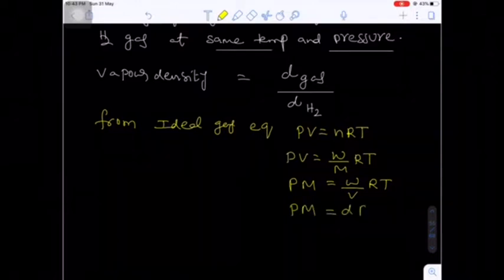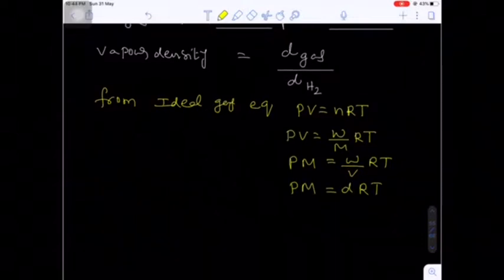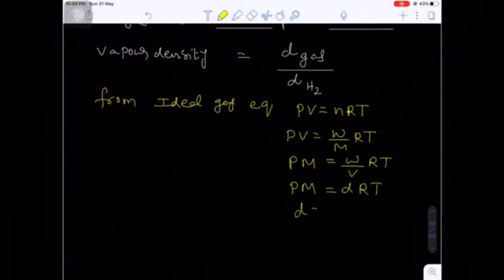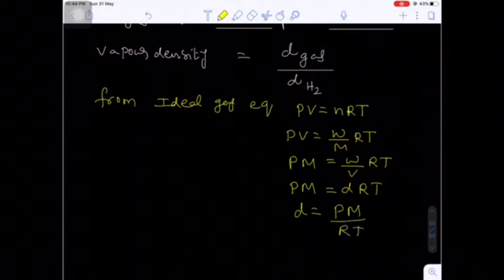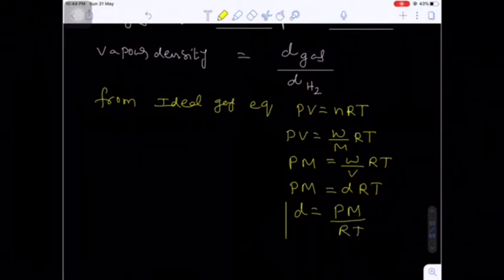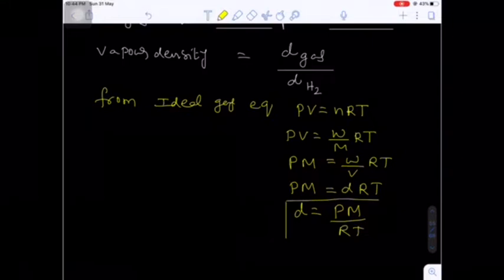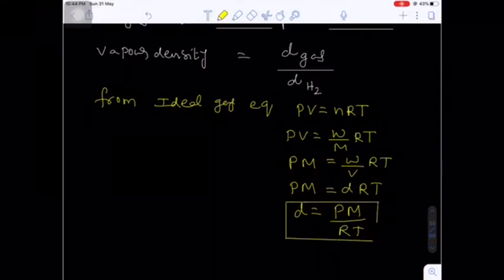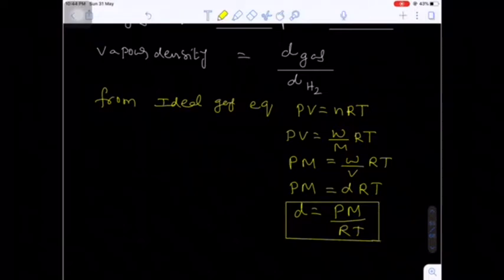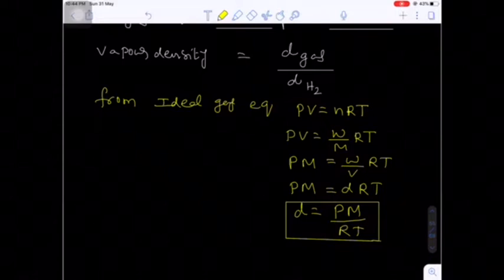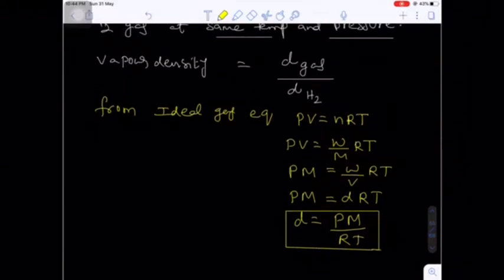So P into M is equal to D into R into T, and from here D is equal to PM by RT. This is the relation between the density of an ideal gas and its pressure, temperature and molar mass.